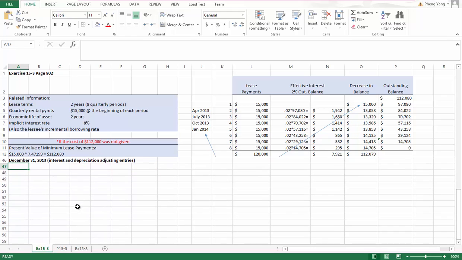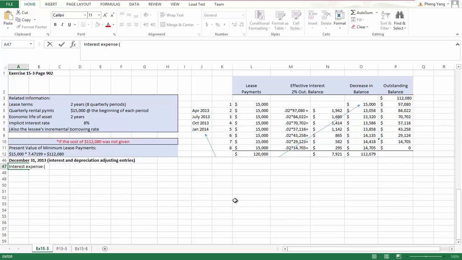So depreciation and interest adjusting entries as of December 31st, 2013. That's when their fiscal year end is. We know that we have to make interest accruals. From October to the end of December, that's 3 months.